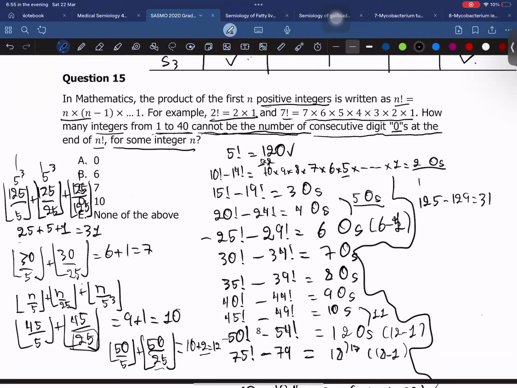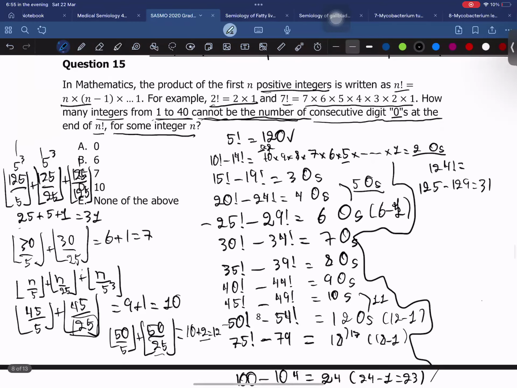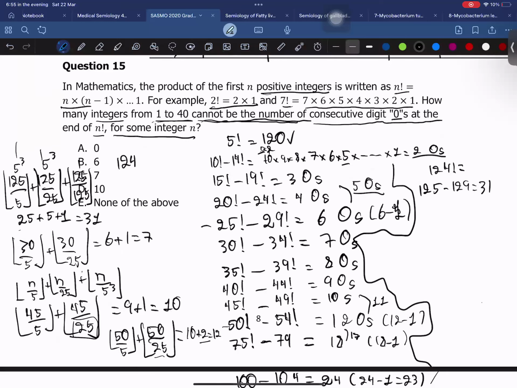31. So what if we test 124? Let's say we test 124. 124 factorial, what do we have? 124 divided by 5 is 24, plus 124 divided by 25, and it cannot be 124 divided by 125 because it's going to be 0.